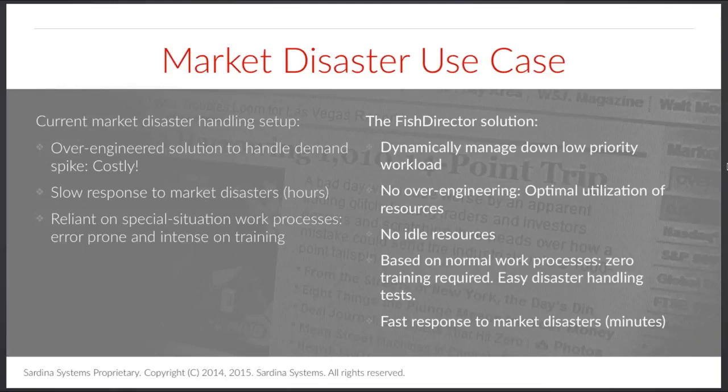With FishDirector, what we can do is to dynamically manage down the workload designated to be low priority. So, for example, in the event of a market disaster, you may want to allocate your compute resources to risk.